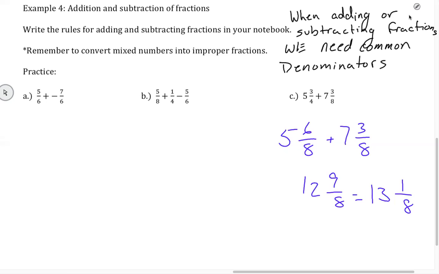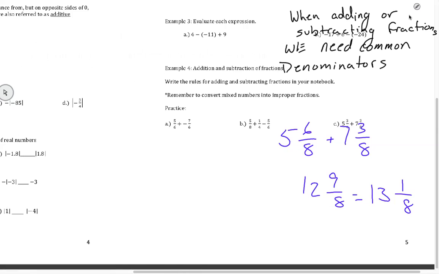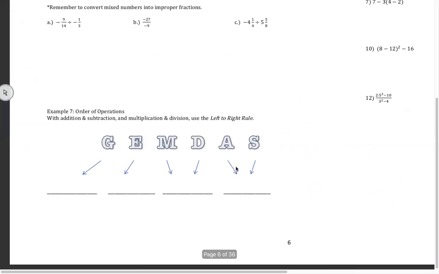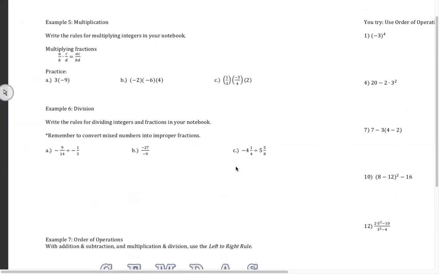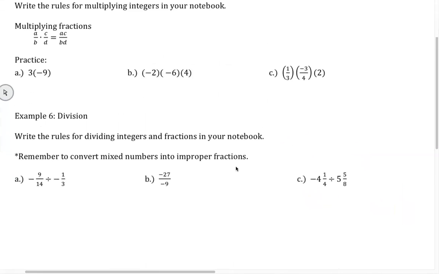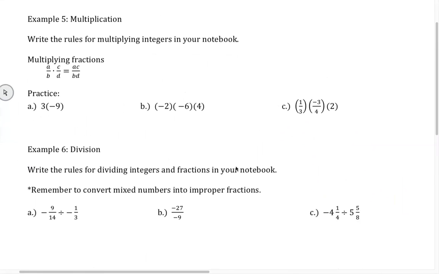All right, let's go to the next page. All right. When we multiply fractions or numbers, things like that, it's way easier than adding or subtracting, okay?